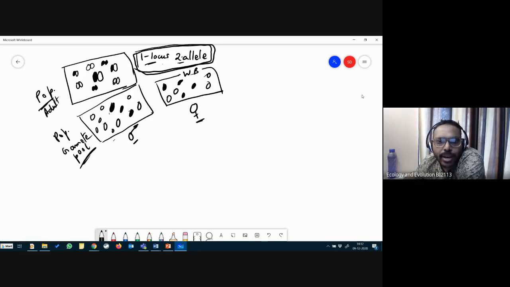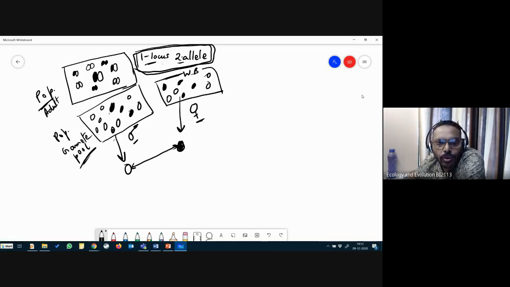So somewhere these organisms are going to find each other, and based on whatever sexual selection or courtship ritual, these guys are going to mate with each other. So the process of mating then gets abstracted out by pulling one gamete from here and one gamete from here, let's say this is a black gamete, and then joining the two.